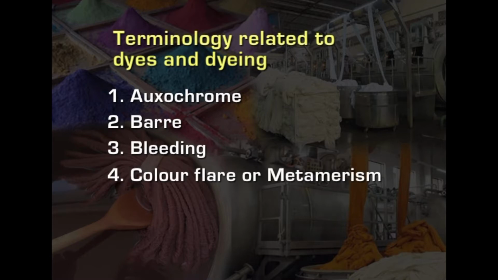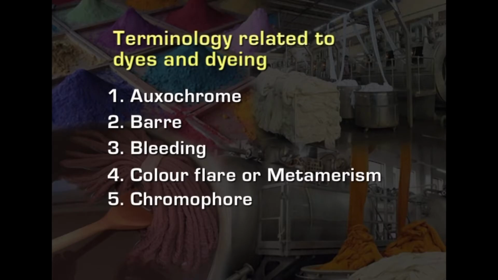Color flare or metamerism. This is a condition when two or more types of fabrics are dyed, particularly by different dyers. The colors may appear to match in one light, that is daylight, but will not match in another light, that is incandescent light. Then chromophore is the color producing portion of the dye molecule.